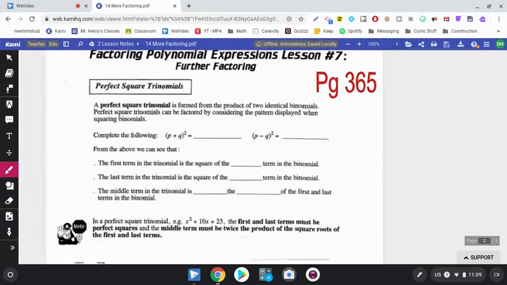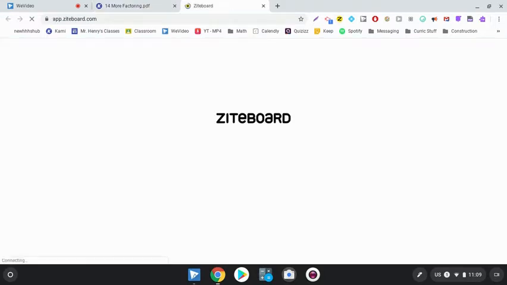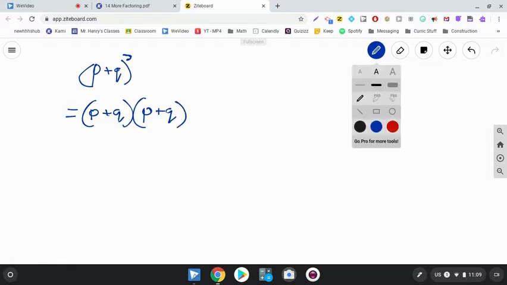Okay, so if I look at (p + q) squared and I multiply that out, I'm going to open up and do that somewhere else so that I have some space. (p + q) squared would equal, well, I know that that's actually a binomial times a binomial because it's (p + q) times itself. And then we remember that I do FOIL.